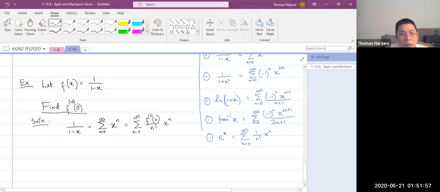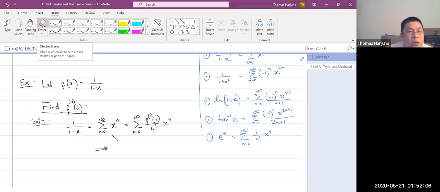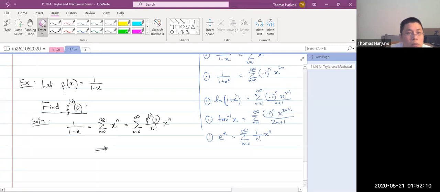From there, we see that the coefficient for the 10th term is 1 on the left-hand side.